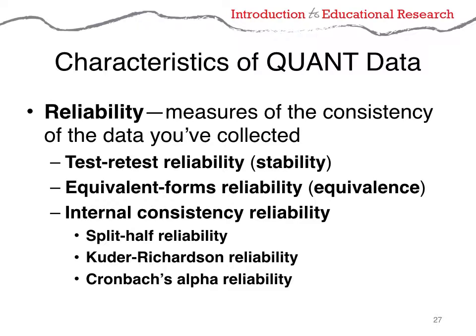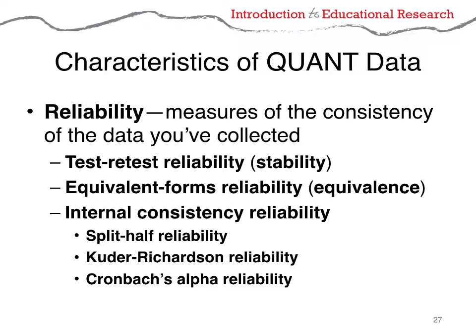Well, they weren't reliable. So if you don't have that reliable data, it calls into question the validity. And equivalent forms reliability, this is where for test-retest reliability, it may be very important that those forms are equivalent.